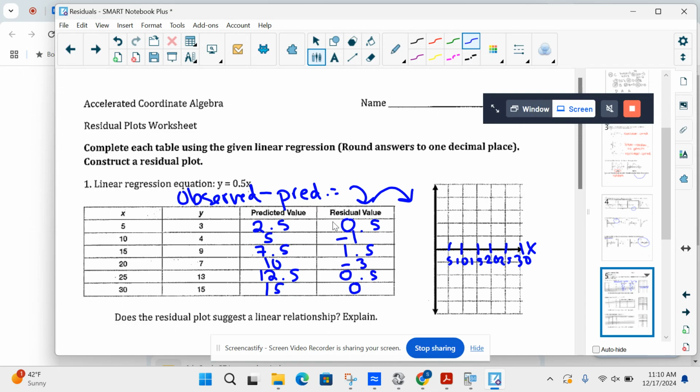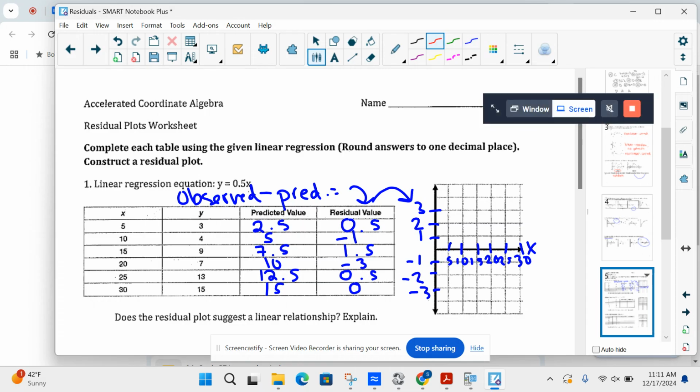Since your residuals go up to -3, that's the furthest away from 0 it is, we want to make sure that y goes to -3. So if we just go in ones, -1, -2, -3. And then up here we'll do 1, 2, and 3. You just want to make sure you set up your y-axis so that your residuals will all fit.